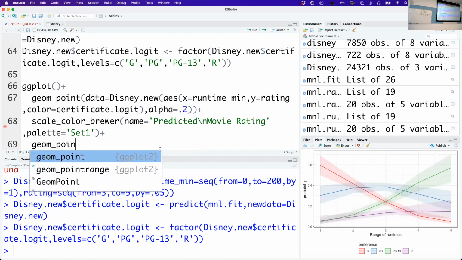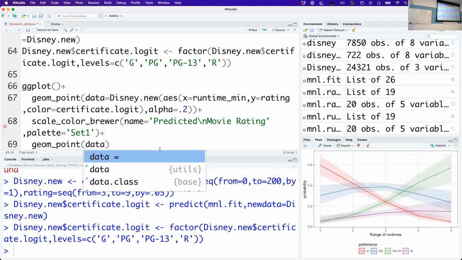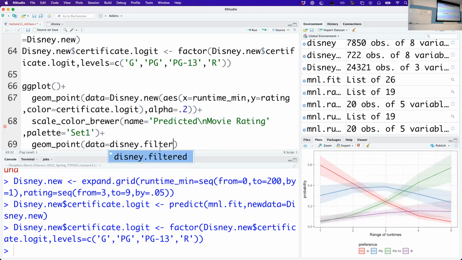And on top of that, I'm going to plot our original data points. And we'll see what this looks like.